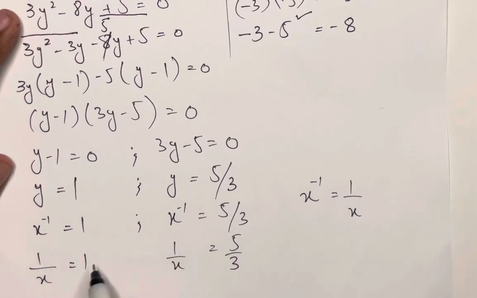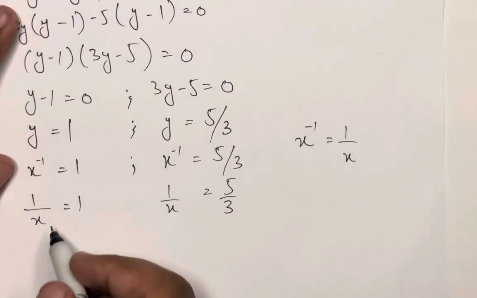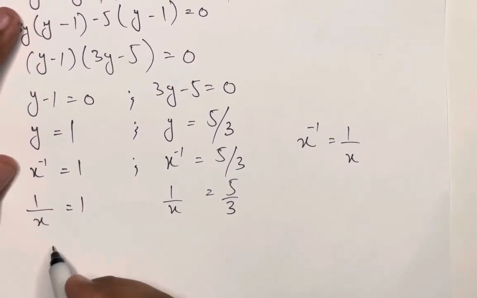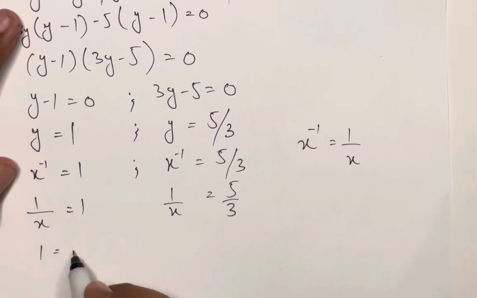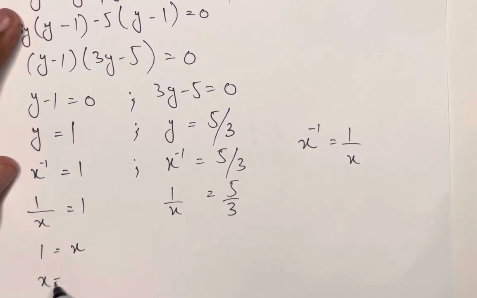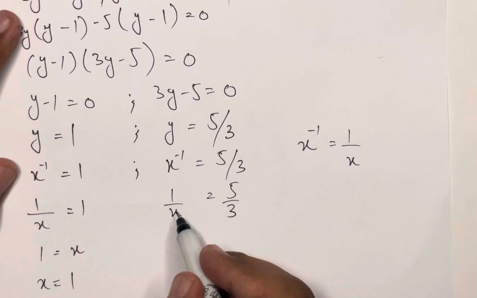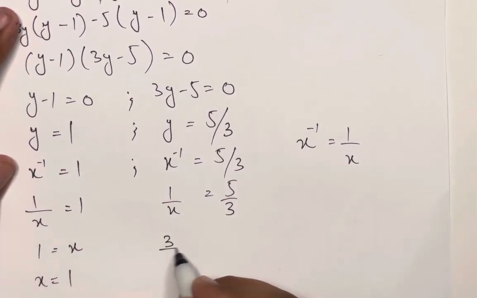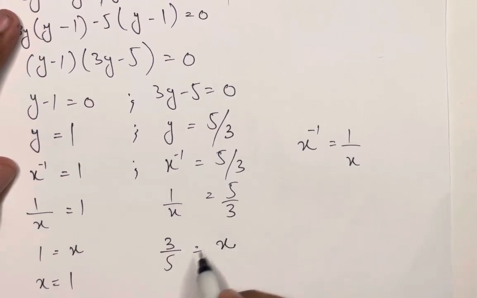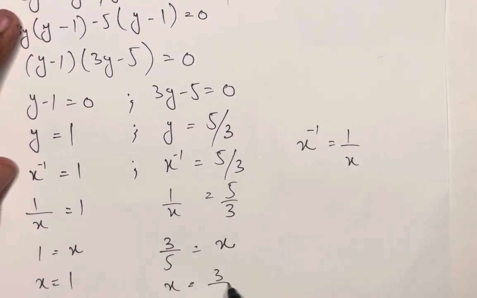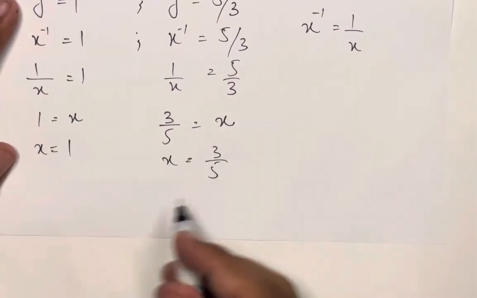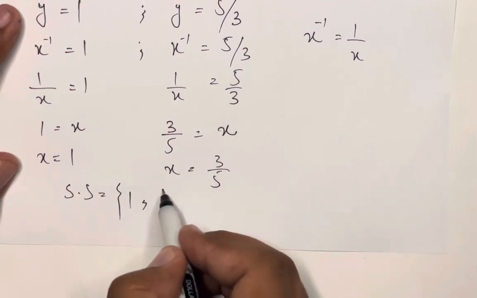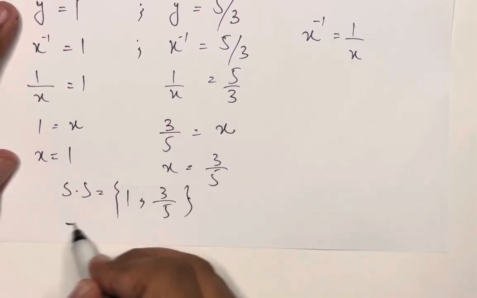So the value of x will be, taking the reciprocal, x = 1 or x = 3/5. So x = 3/5 and x = 1. So the solution set will be 1 and 3/5.